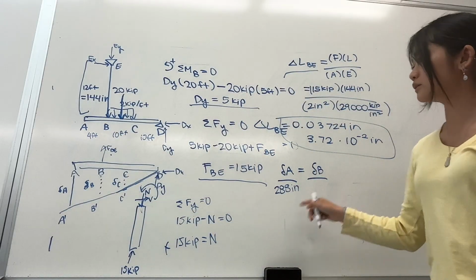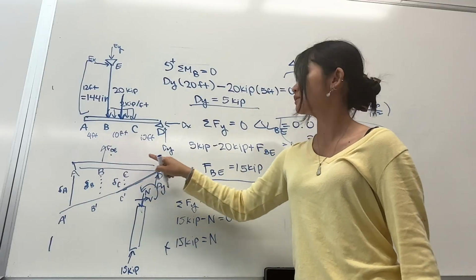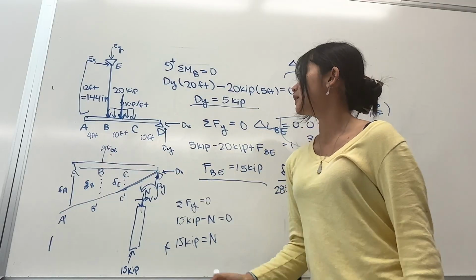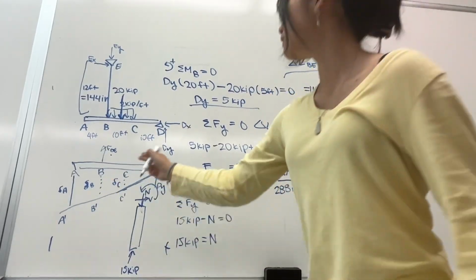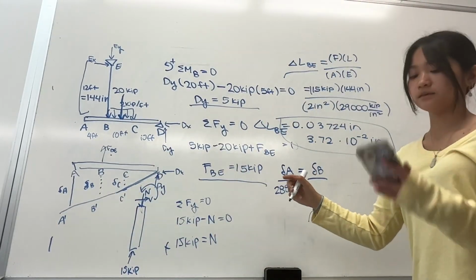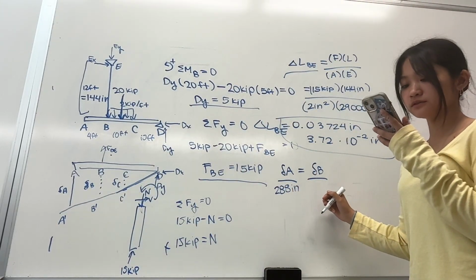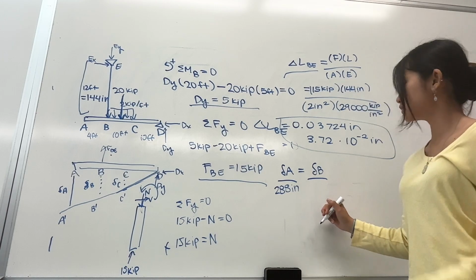And then this would be over this length right here, which is 10 feet plus 10 feet, equal to 20 feet. 20 feet times 12 is 240 inches.